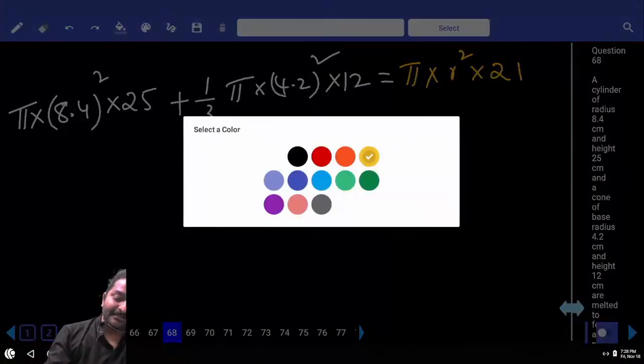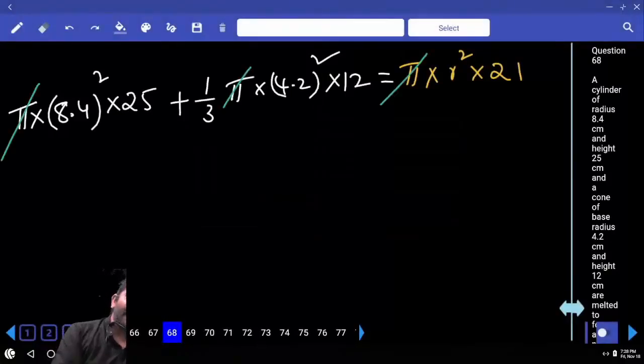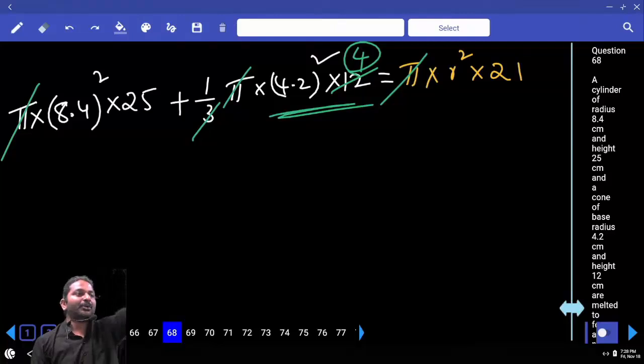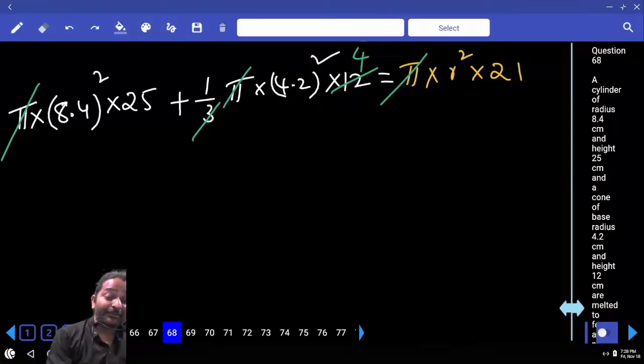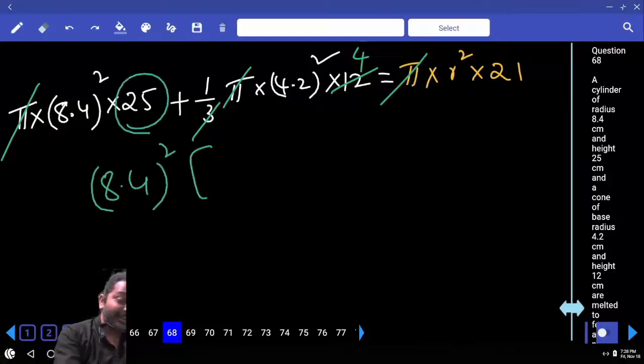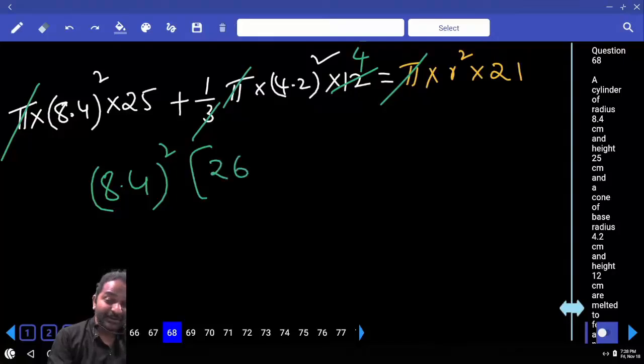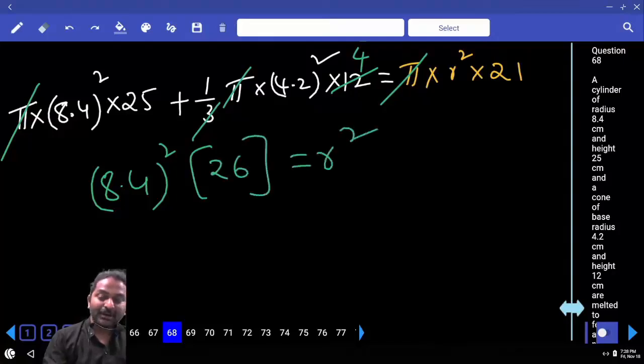We can take pi common and go for cancellation. 3 how many times? 4 times only. Can I write 4 as 2 square? 4.2 square into 2 square. Can I write it as 8.4 square? I'll take 8.4 square common. Then it becomes 25 plus 1, 26 is equal to r square into 21.